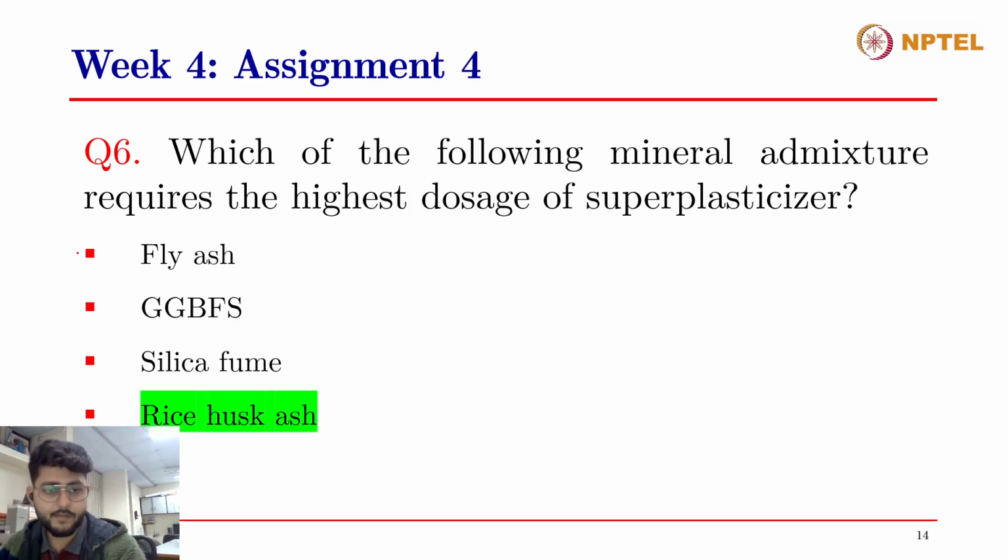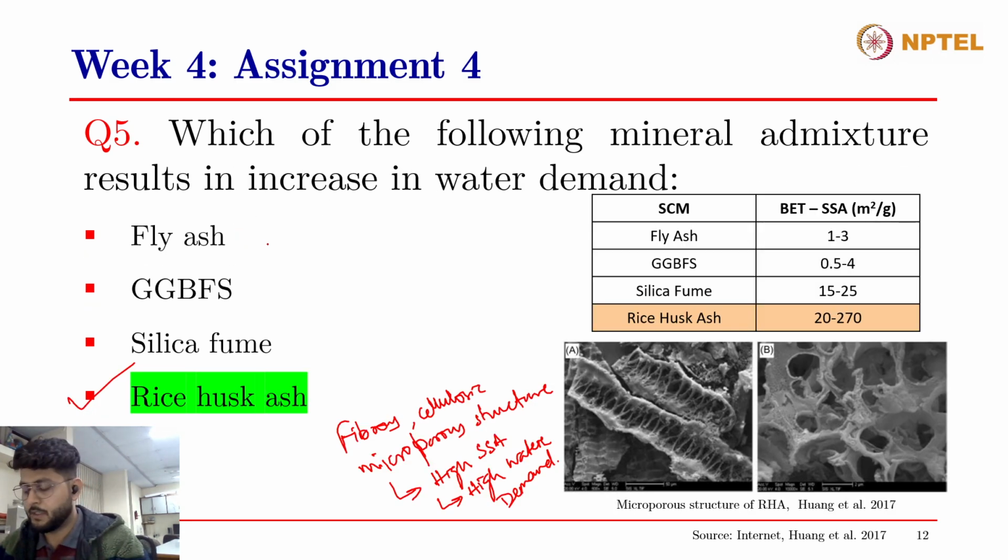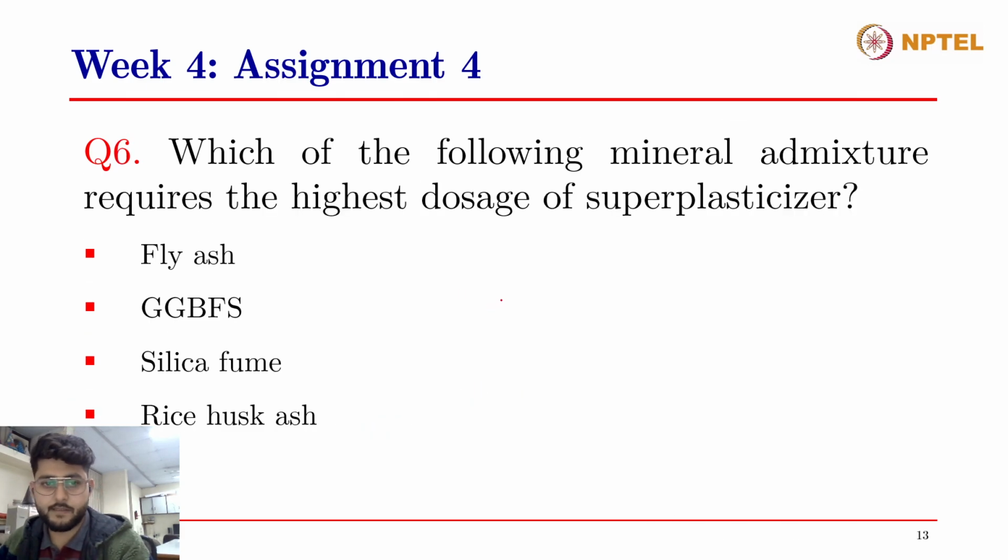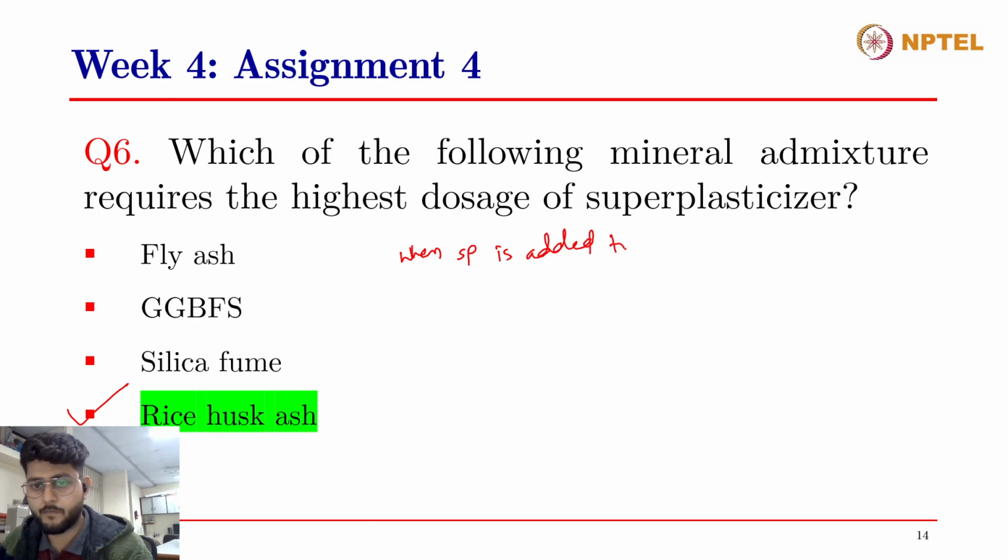Yes, the correct answer is rice husk ash, as Tobias has already rightly mentioned, and it is due to the same reason that we have already discussed. It has a fibrous microstructure, and if you see in this scanning electron micrograph, when superplasticizer is added to a system, it essentially disperses by two actions.